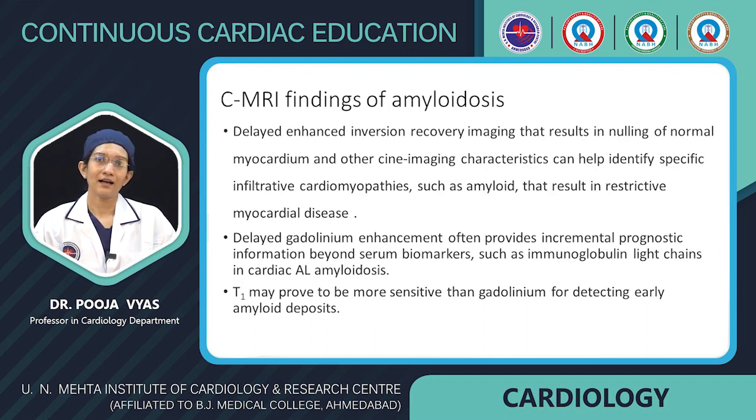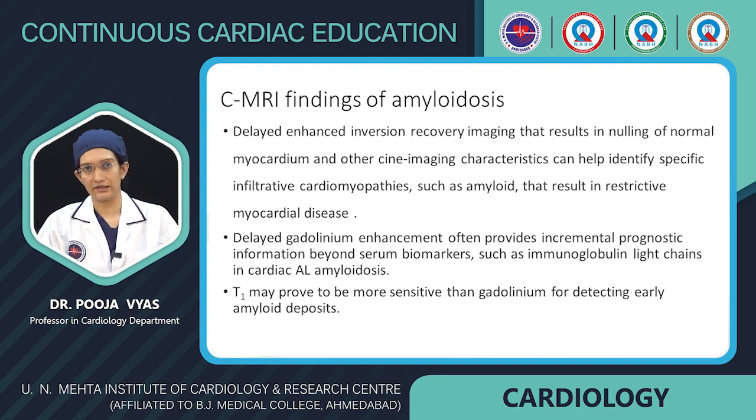Delayed enhanced inversion recovery imaging results in nulling of the normal myocardium, and the other imaging characteristics can help in identifying certain infiltrative disorders like amyloidosis. And delayed gadolinium enhancement often provides incremental prognostic information beyond the serum biomarkers, especially in cases of cardiac amyloidosis, typically in the AL type of cardiac amyloidosis.